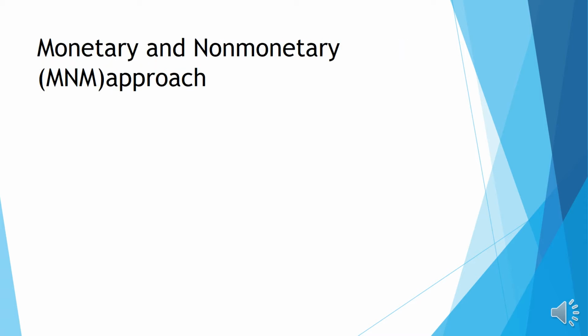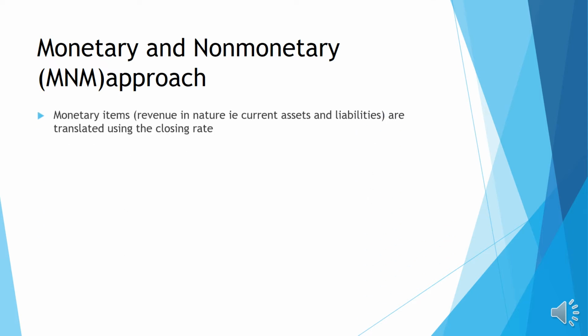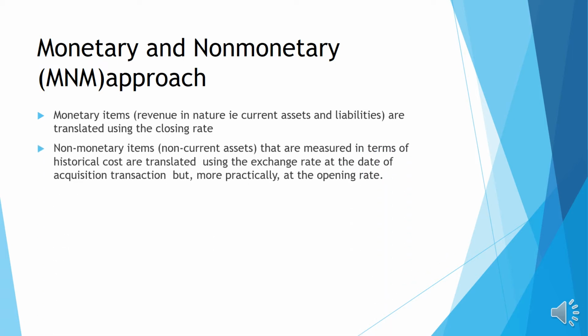One of the approaches is called monetary and non-monetary. Monetary items are revenue items, i.e. current assets and current liabilities. These are translated using the closing rate, i.e. the exchange rate at the end of the accounting period.